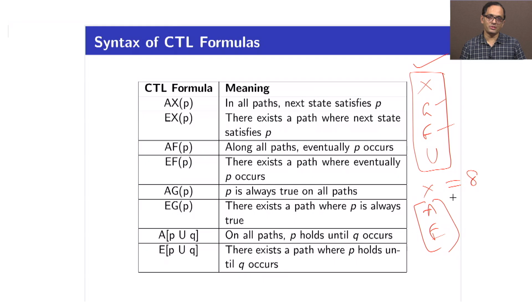So, there are 8 possibilities, and you have to remember that a temporal operator will always be closely connected with a path quantifier.